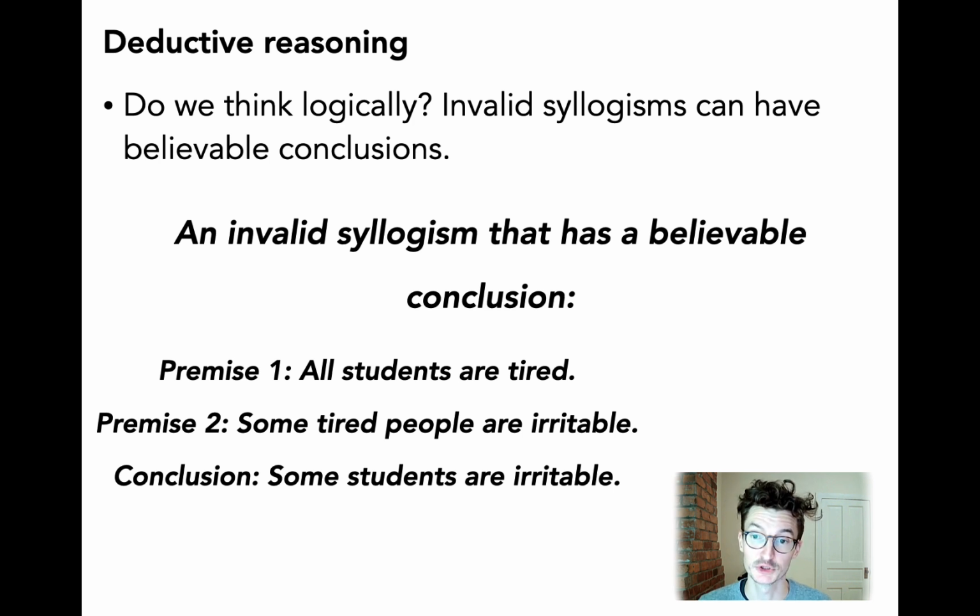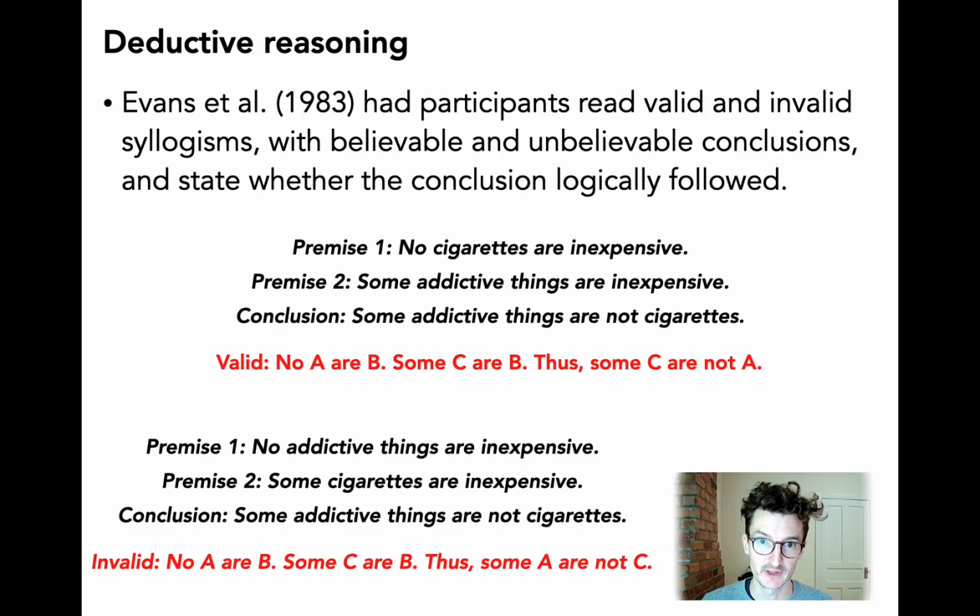And that's why the conclusion is invalid. But it's a believable conclusion. And so Evans et al. in 1983 had participants read valid and invalid syllogisms, like the one you just saw, with both believable and unbelievable conclusions, and state whether the conclusion logically followed.